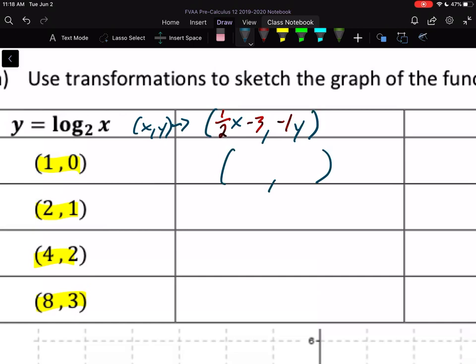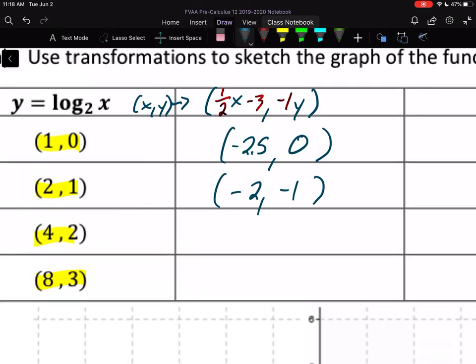So for the 1, 1 times a half is 0.5, minus 3 is negative 2.5, and 0 times negative 1 is still 0. 2 times a half is 1, minus 3 is negative 2, and 1 times negative 1 is negative 1. 4 times a half is 2, minus 3 is negative 1, and 2 times negative 1 is negative 2. And 8 times a half is 4, minus 3 is positive 1, and 3 times negative 1 is negative 3. So these are my new points.